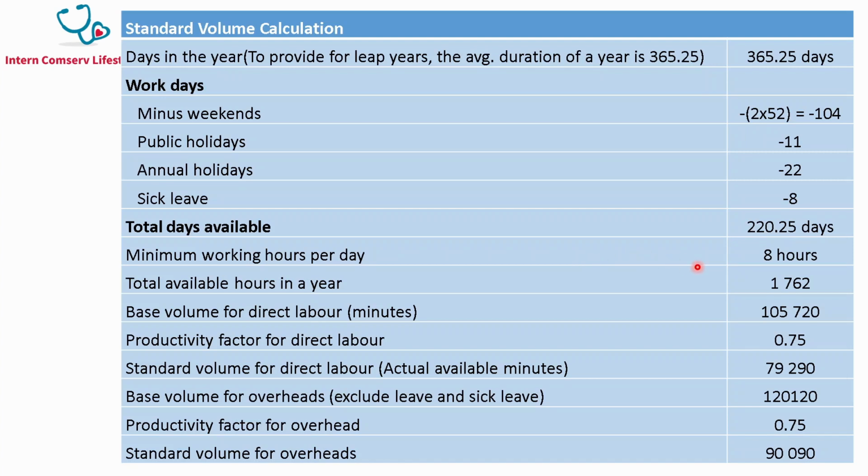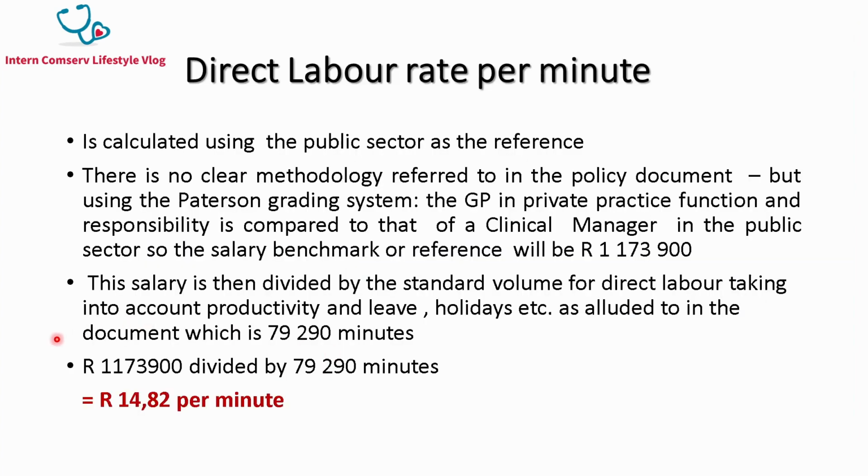And if we look at the minimum working hours, it's 8 hours available per day. This is the base volume for the labor, 105,720. That's how we get the 79,290. The salary of 1,173,900 is divided by the 79,290, and we get 14 Rand 82 per minute.